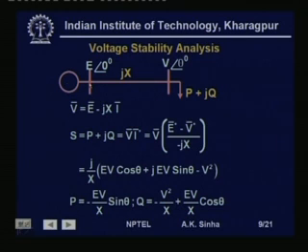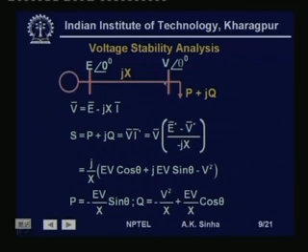We have a generator supplying a load. So, we have a generating bus. Here we have taken the voltage at the generating bus as E angle 0 degrees, that is the reference. This voltage we can consider as the voltage behind the reactance of the machine, and the reactance of the machine along with the reactance of the transmission line is put together here as jX.